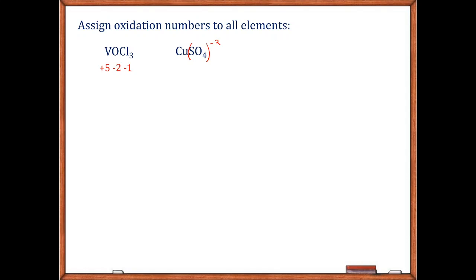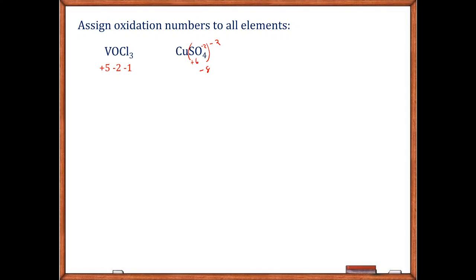So no matter what oxidation states we assign here, we have to total to a -2 for this one. We know that each oxygen will be a -2, and we're not sure about sulfur just yet. So -2 times 4 will give us -8. We want to leave behind -2, so that means sulfur has to be a +6.